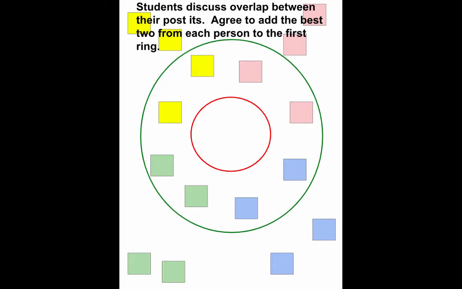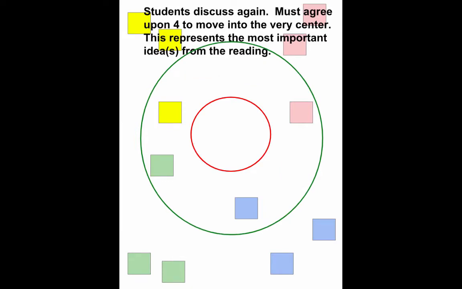From here, they now need to have a further discussion to figure out, okay, of these, what are the most important ideas? So now they have to distill it down to 4 post-its. So they've got to debate, discuss, compare, contrast, and move the 4 in.